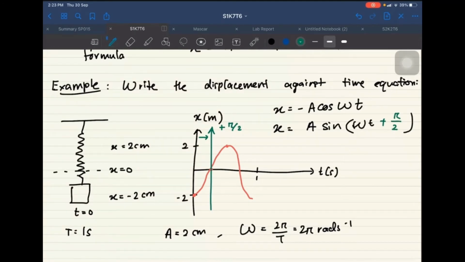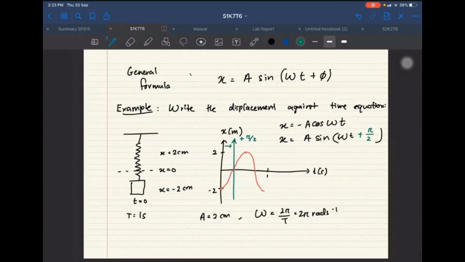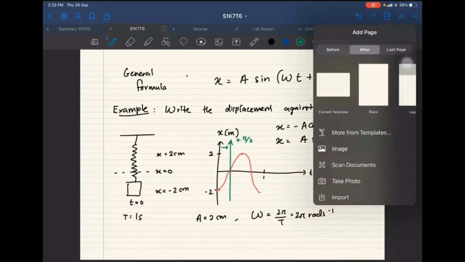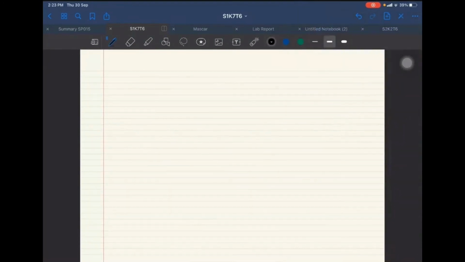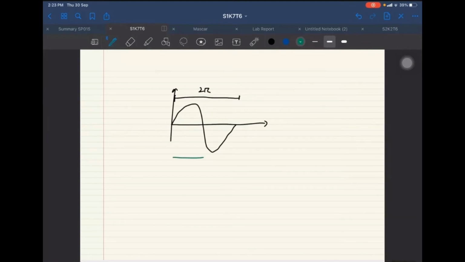Kenapa pi over 2? Okay, let's say you have a graph like this. Okay, the length of the whole one oscillation, actually dia buat satu complete cycle. So that one is what we call 2 pi. Okay, so half of that is actually pi. Quarter of that is actually pi over 2.